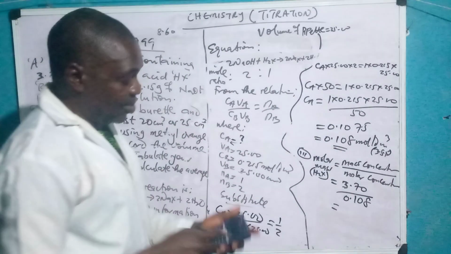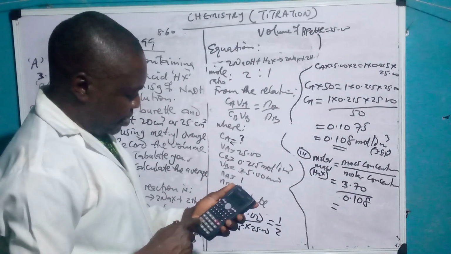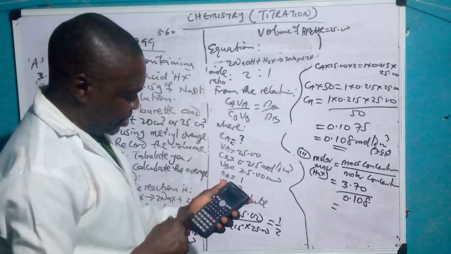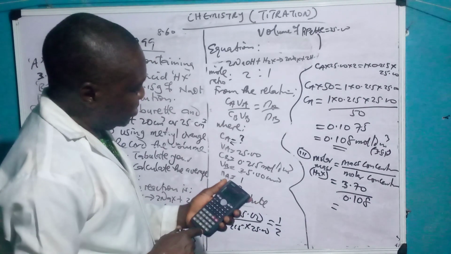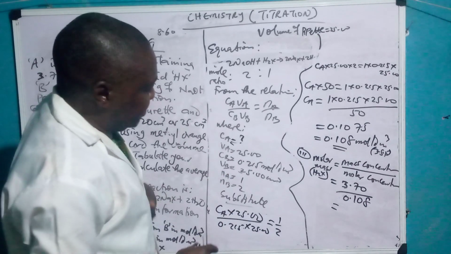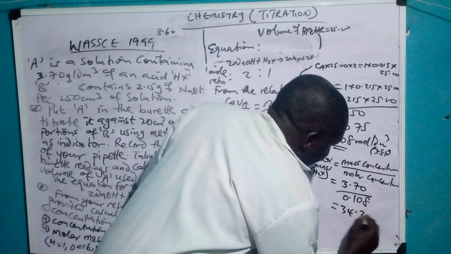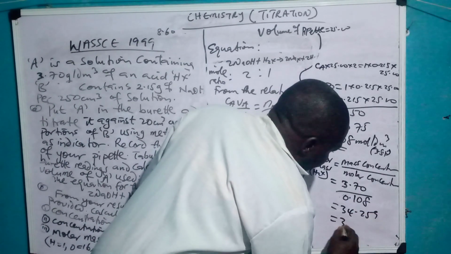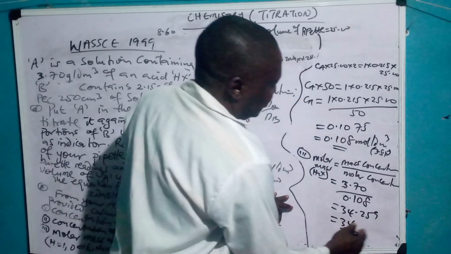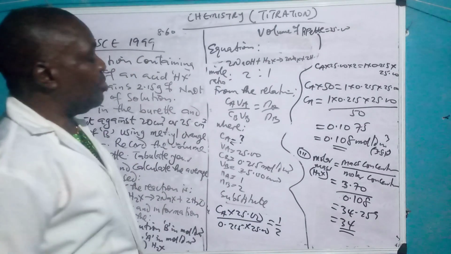So the mass continues. 3.70 divided by 0.108 gives you 34.259. 34.259, to the nearest whole number. You can write 34.2, but usually to the nearest whole number, 34 gram per mole. So this is how you calculate the molar mass.